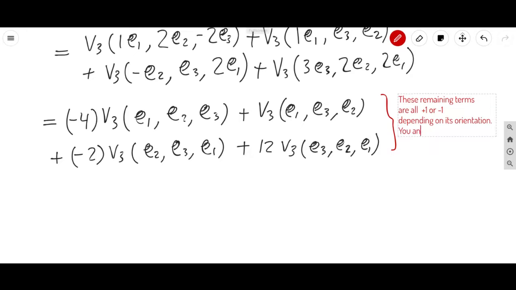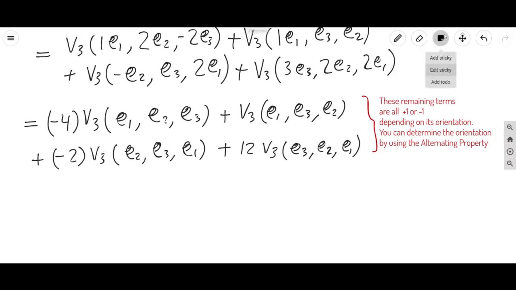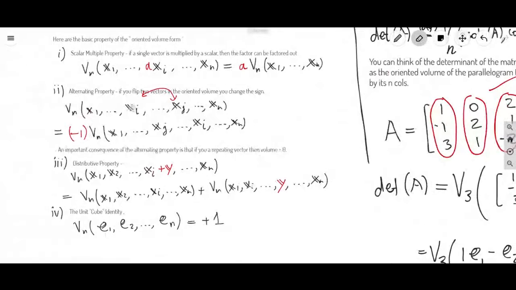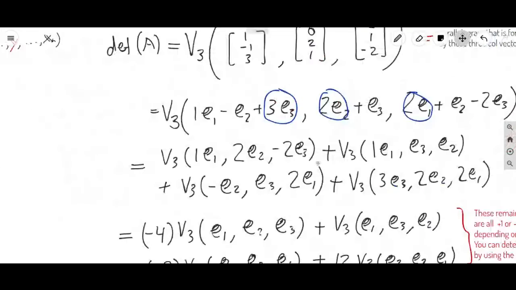And you can determine the orientation by using the alternating property. The alternating property says that if you flip two of these, you have a change in orientation. So it's the alternating property here. You have to put them in the correct order by flipping them around.